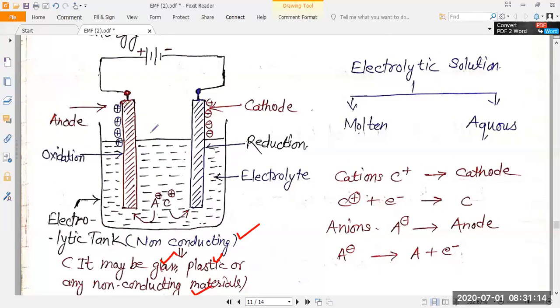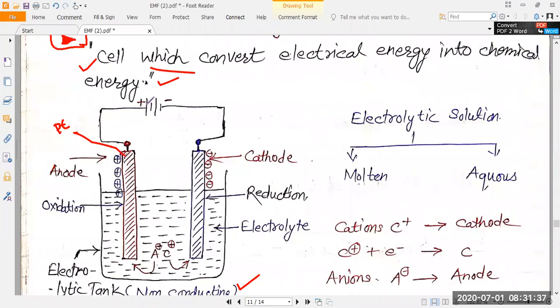Now we place two electrodes. Suppose these electrodes are made of platinum, and platinum is an inert metal. It does not react with the electrolyte filled in the electrolytic cell.